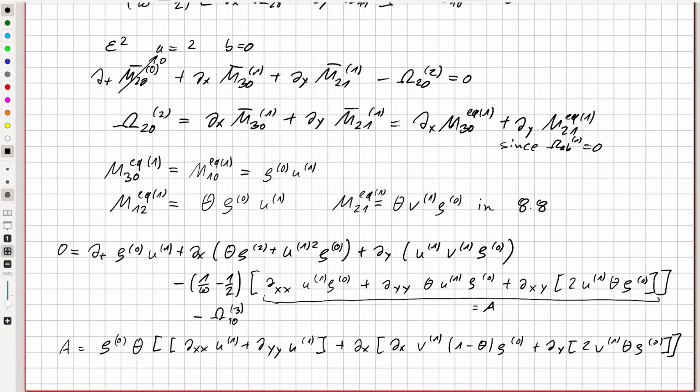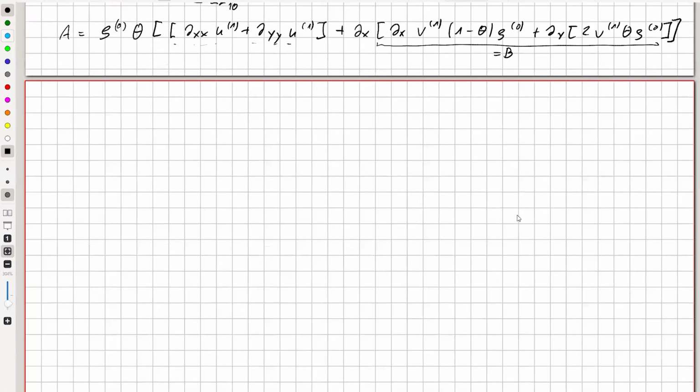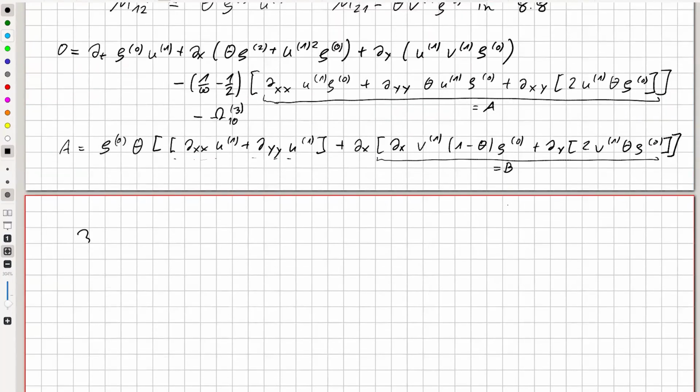Now this here is what I want to have. This here back here, this is what I don't want to have. So I call this guy here B. And since I don't want to have it, I say that B is supposed to be 0.